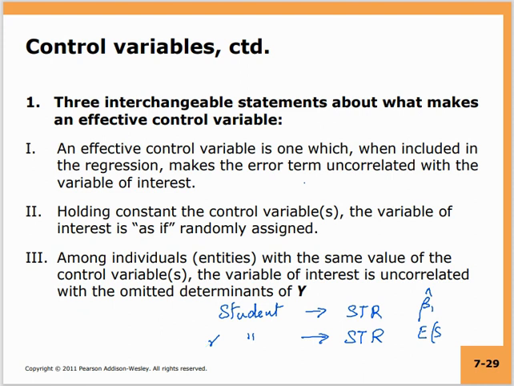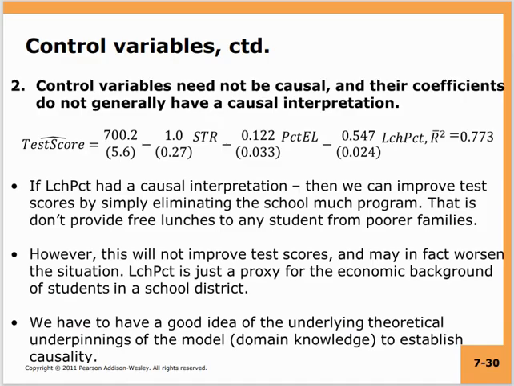So it mimics the ideal randomized controlled experiment kind of setup, and here we can more confidently say whether this STR has a causal effect on Y or not. So control variables need not be causal, and their coefficients do not generally have a causal interpretation.